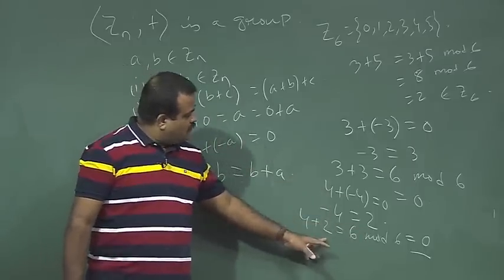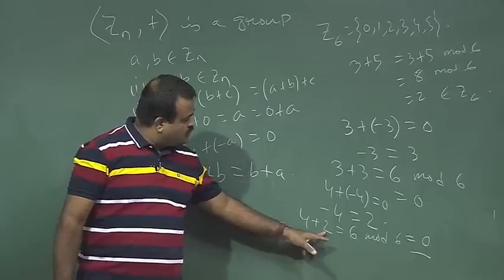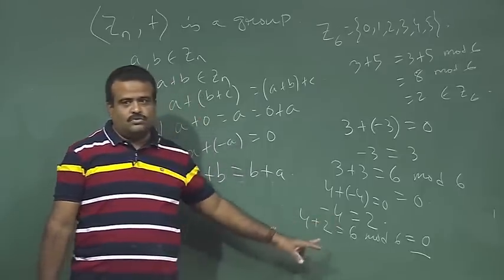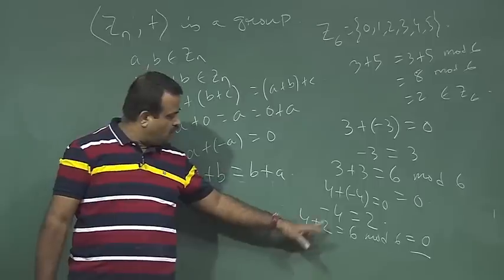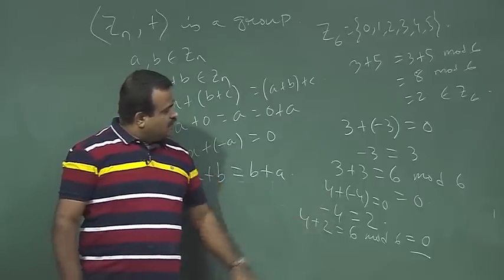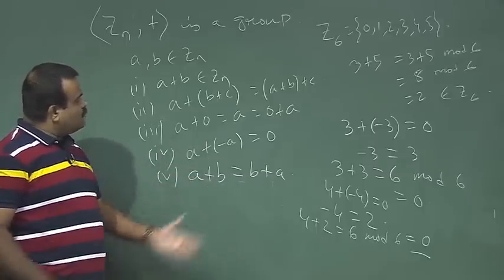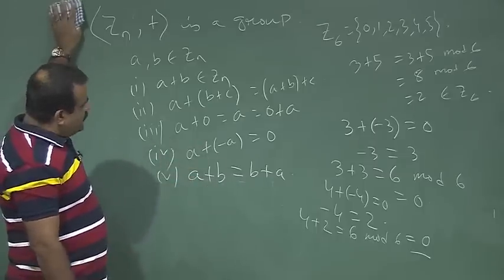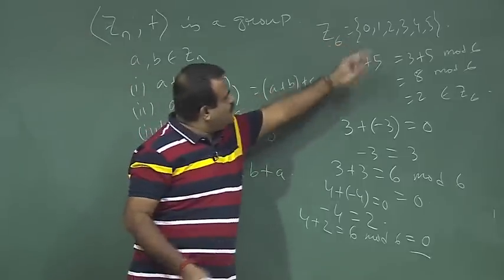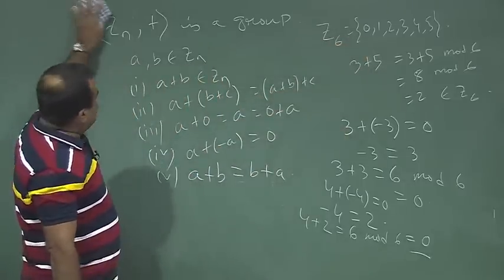So, this 2 serves as the minus 4, 2 is the additive inverse of 4. So, every element has an inverse, and this is an abelian group, and this is a finite group, because there are only 6 elements, and this is a cyclic group.